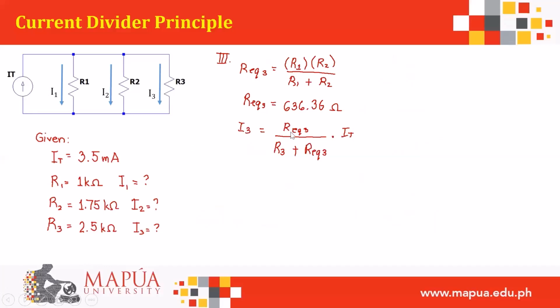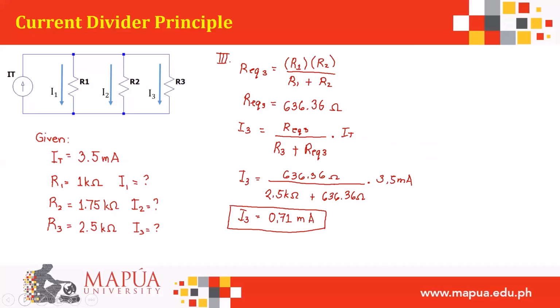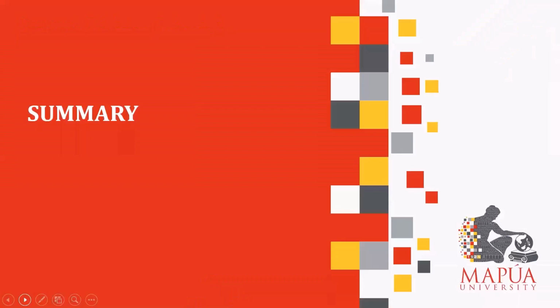So I sub 3 here is 636.36 ohms over 2.5 kilo ohms plus 636.36 ohms, times the total current 3.5 milliamperes, leaving us with 0.71 milliamps.